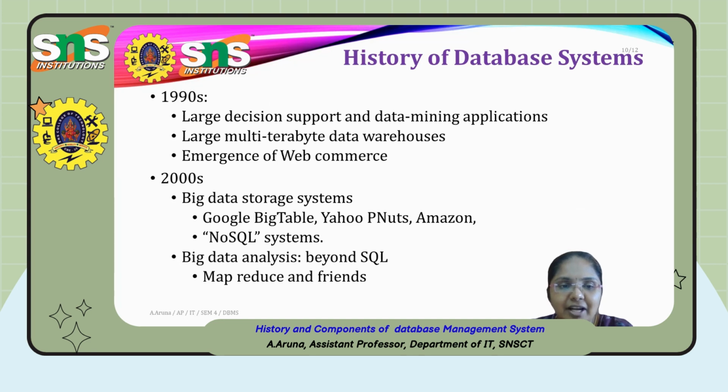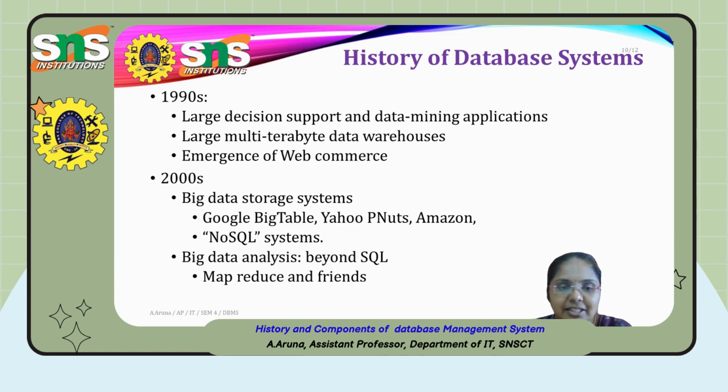So in the 1990s, the data warehouse was developed. Why did we develop the data warehouse? Because e-commerce and web commerce applications were in an evolving stage, they needed terabytes of data to be stored in the database. For that reason, for taking decisions and mining terabytes of data, the data warehouse evolved in the 1990s.